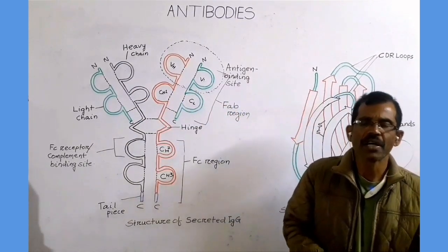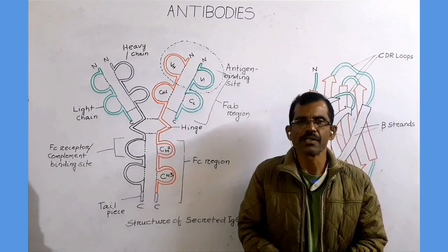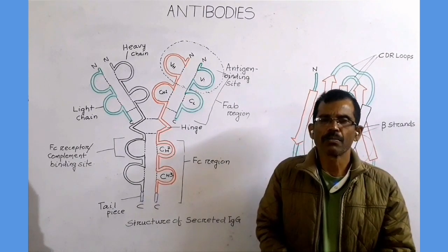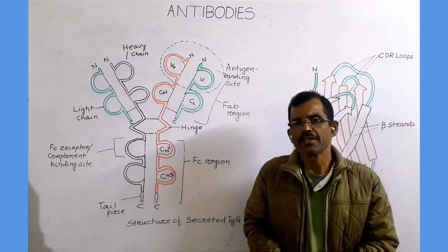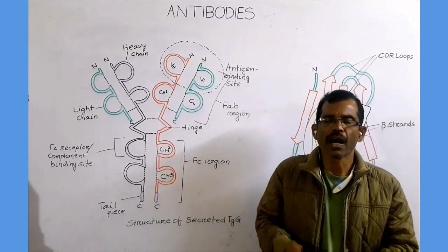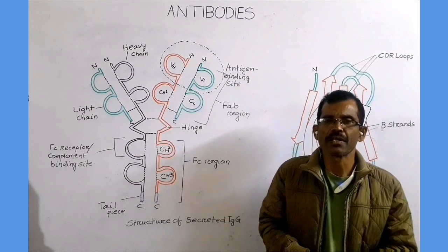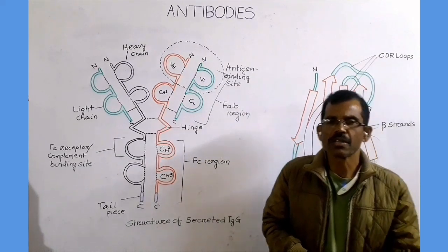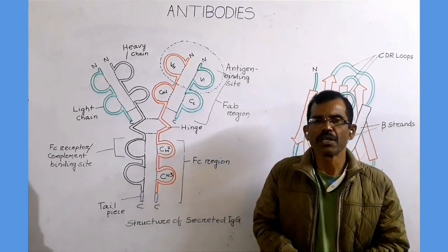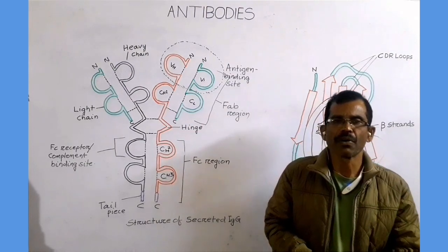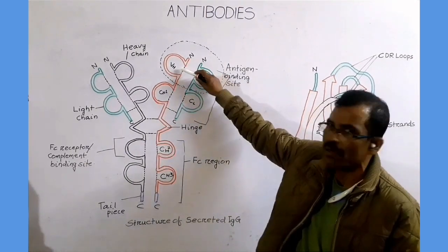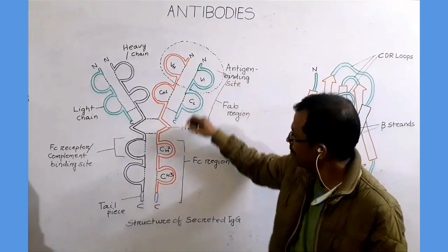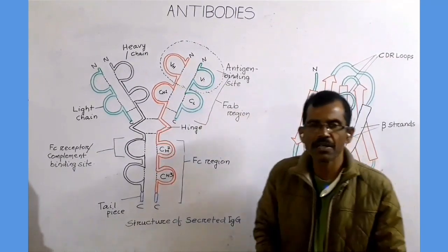Both the light chain and heavy chain consist of an amino terminal variable region that participates in antigen recognition and carboxyl terminal constant regions. The constant regions of the heavy chain mediate effector function. In this figure, V represents the variable region and C represents the constant region.